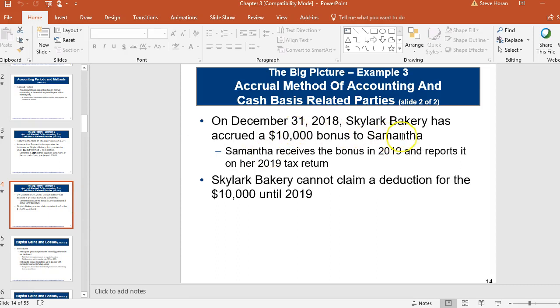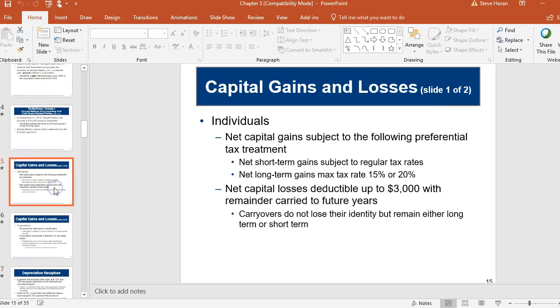On December 31 of 2018, Skylark has accrued a $10,000 bonus to Samantha. She receives the bonus in 2019 and reports it on her return in 2019, but the bakery cannot claim a deduction until 2019. So even though she earned it as of 2018, because she receives it in 2019, she reports it in the 2019 return, and that's the same year that the bakery can then claim it as a deduction.